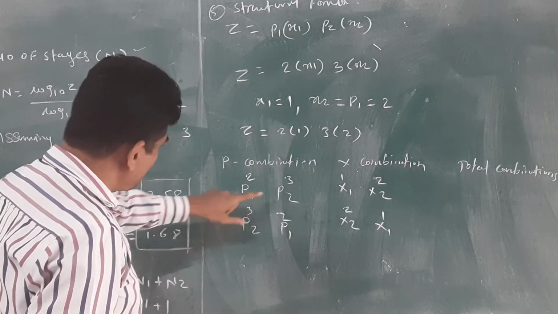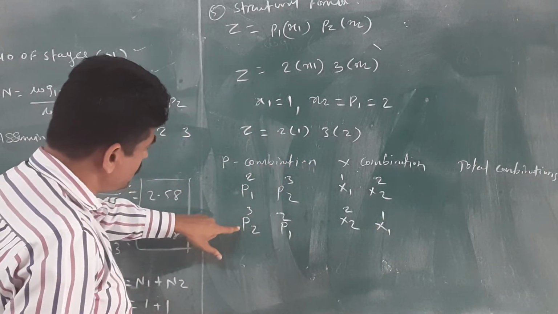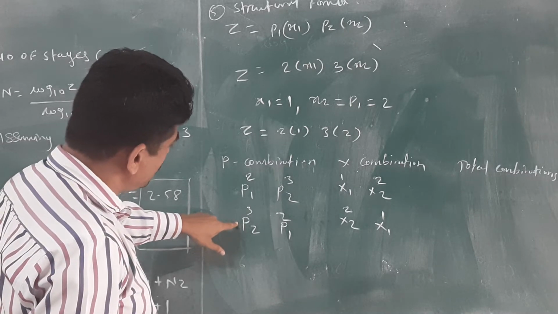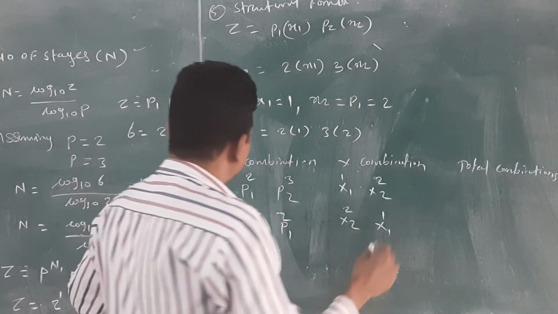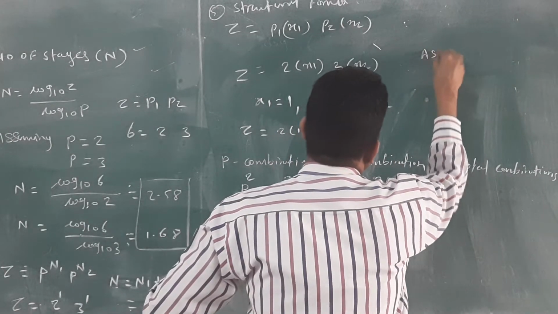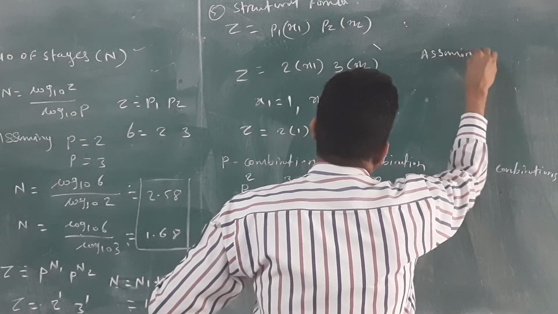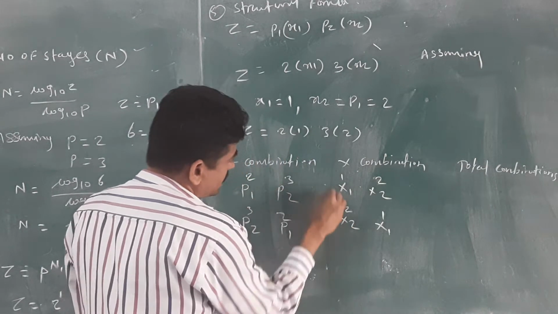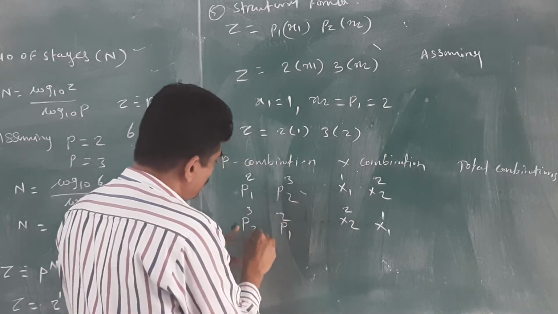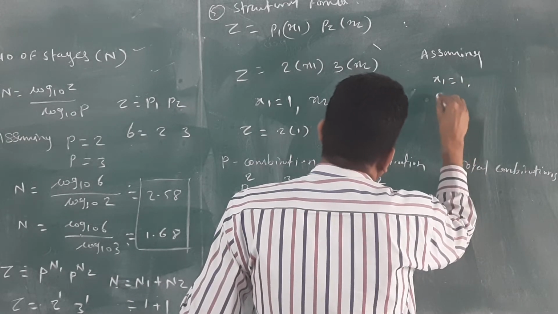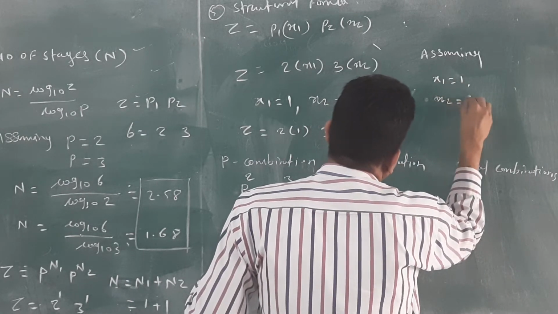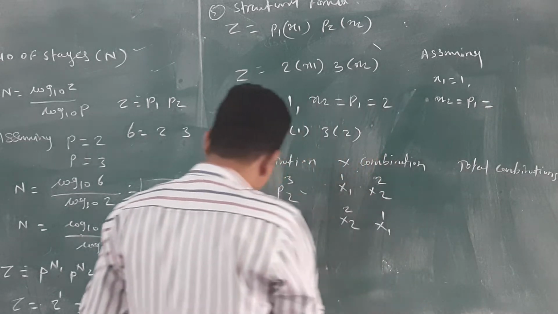But if you have interchanged the value of P2, then again you will get x1 is equal to 1 for the second condition. For this condition we get these 2 formulas, right? Again x1 is equal to 1, and x2 is equal to P1.